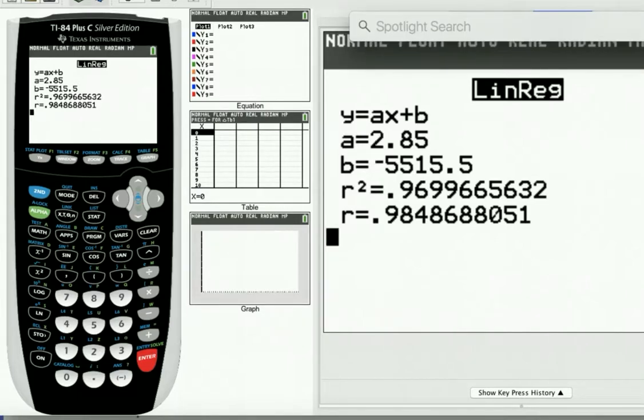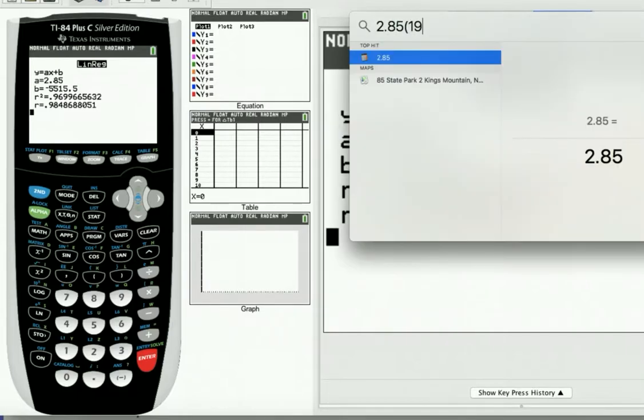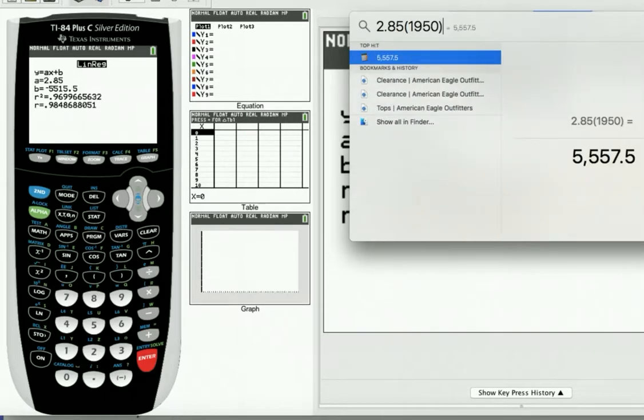All right, so if we were going to use this equation to predict what we think would happen in 1950, we would say 2.85 times 1950 minus 5,515.5, and we would get 42. So we predict that in 1950 the population would be 42,000 people.